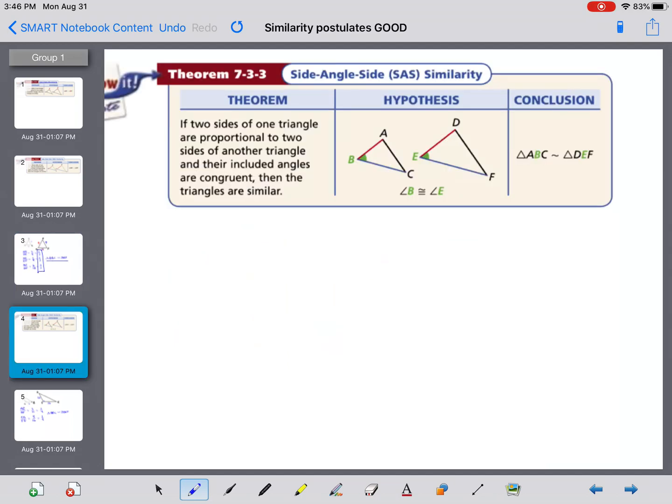And our third one that we have is the side-angle-side similarity, where if two sides of one triangle are proportional to two sides of another triangle, and their included angles are congruent, then the triangles are similar.